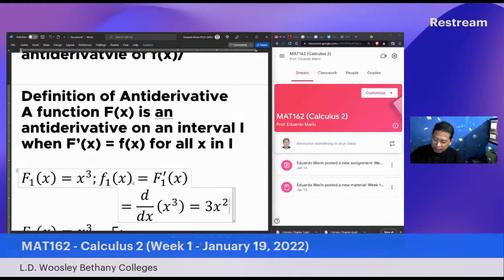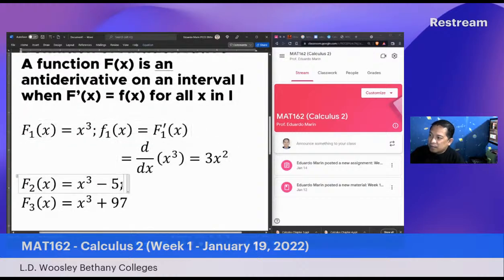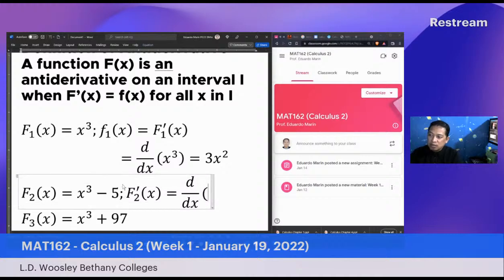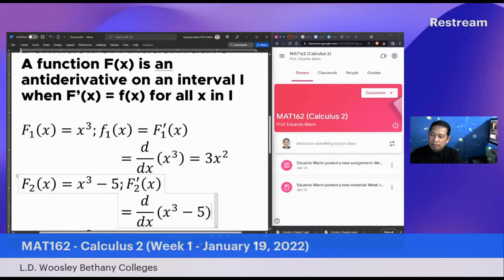Okay, guys, did you see that? The same is true with this one. If I solve for f of 2 prime of x, because negative 5 is a constant, this is the derivative of x cubed minus 5.